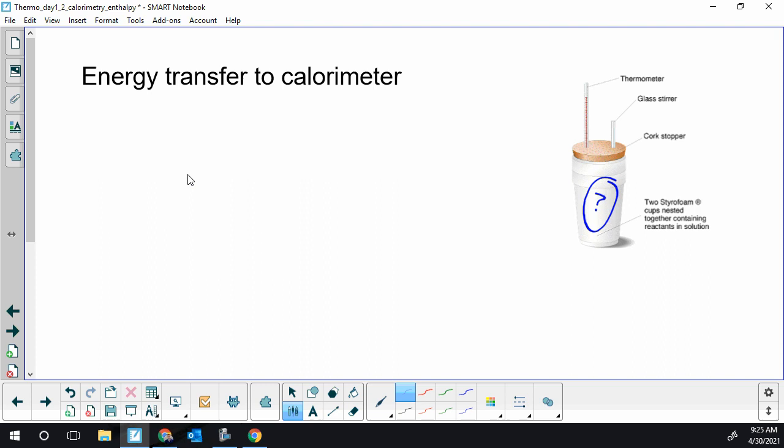Now what we're going to ultimately relate is if we know that energy change in that calorimeter, which I'm just calling a question mark, the only place that could have come from is the chemical reaction. Okay? That's the point of the isolated system. Okay? So if we can figure out there was a change of 100 joules inside the calorimeter, which is our question mark, there must have been that 100 joule change in the bonds from the beginning and the end. Okay.